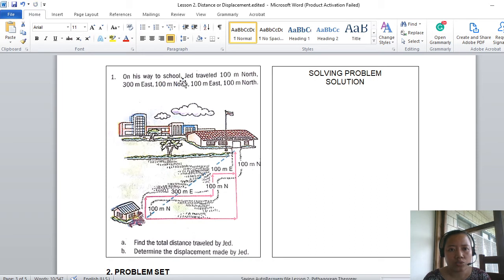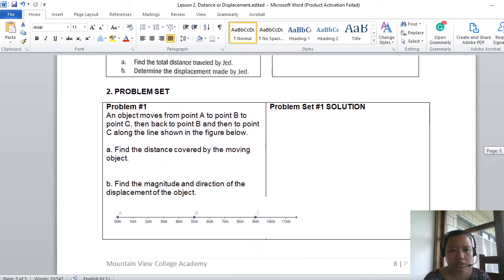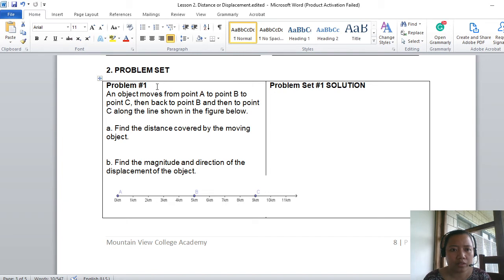Okay, on his way to school, Jed travels 100 meters north, 300 east. 100 meters north, 100 meters east, 100 meters north. So through this drawing or illustration, you can compute the total distance and we can determine the total displacement made by Jed.